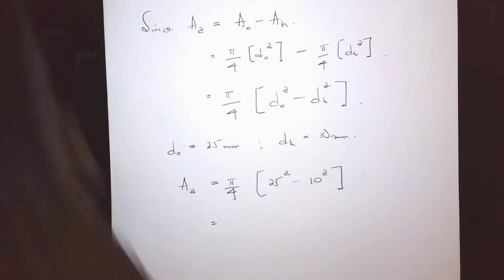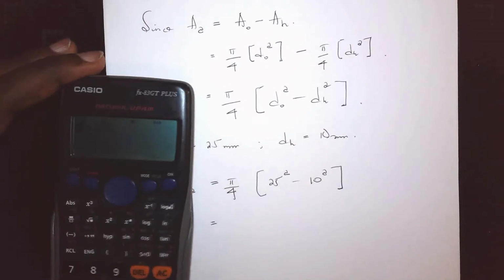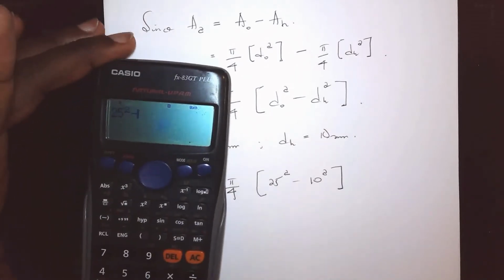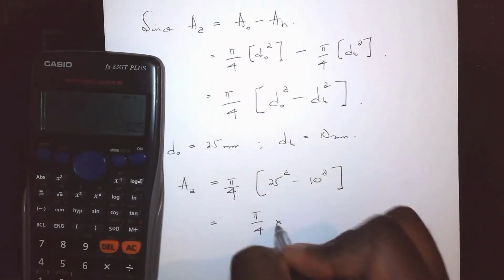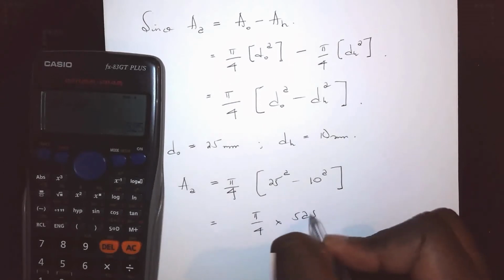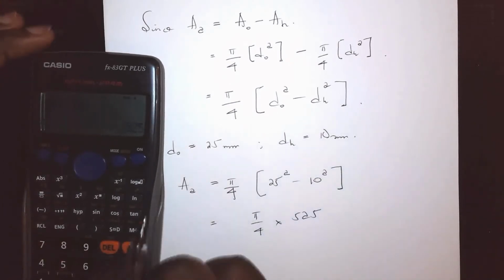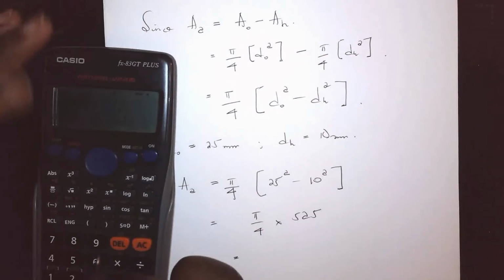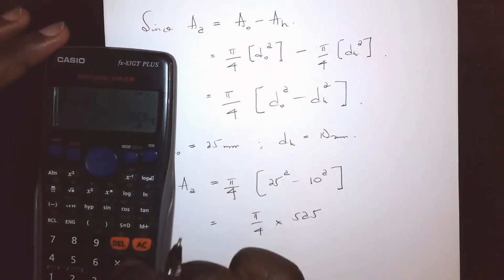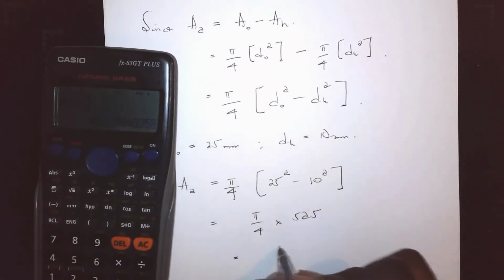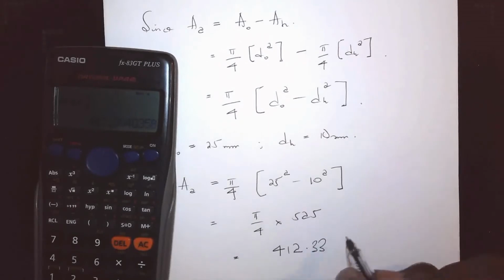So if you do the computation, 25 squared minus 10 squared will give pi over 4 times 525. So multiply that by pi over 4. And that would give 412.33 millimeters squared.